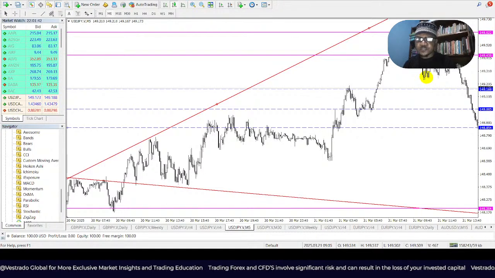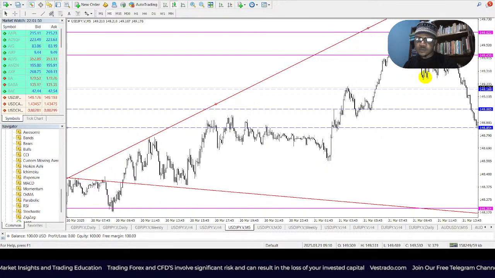We're rounding up very soon. This is our last example. 1. Next we have 2. 3. 1, 2, 3 reversal pattern.